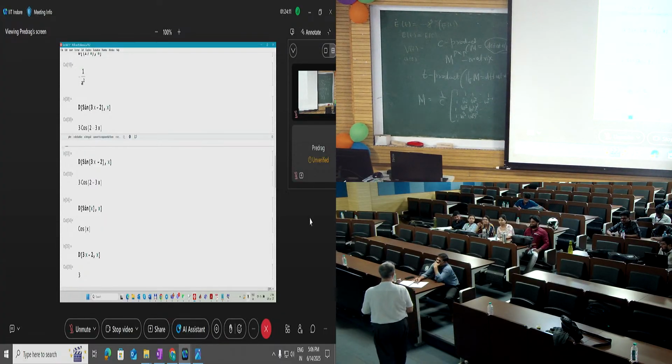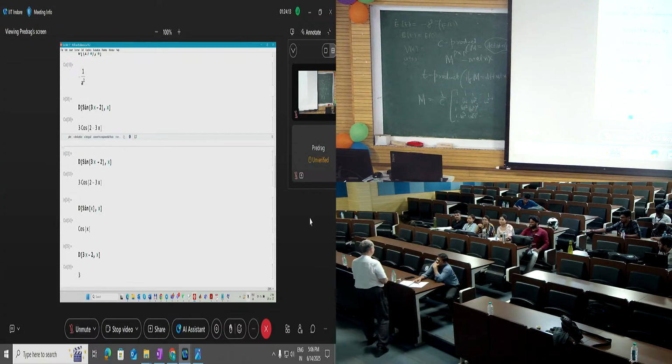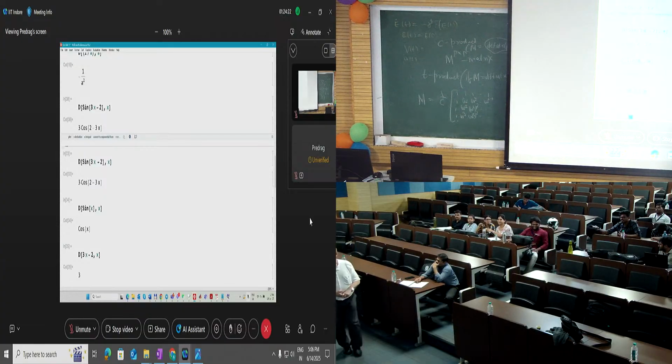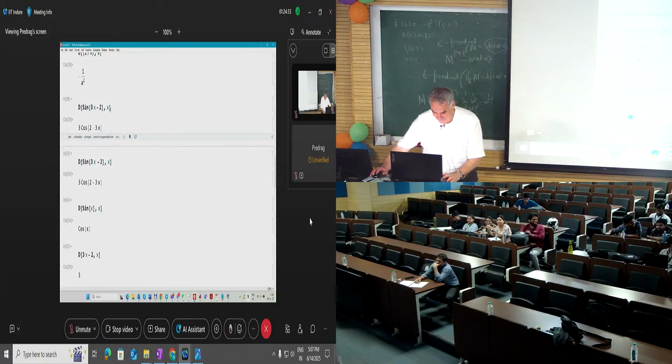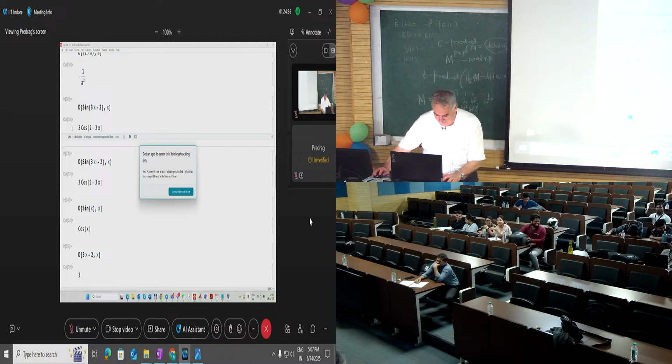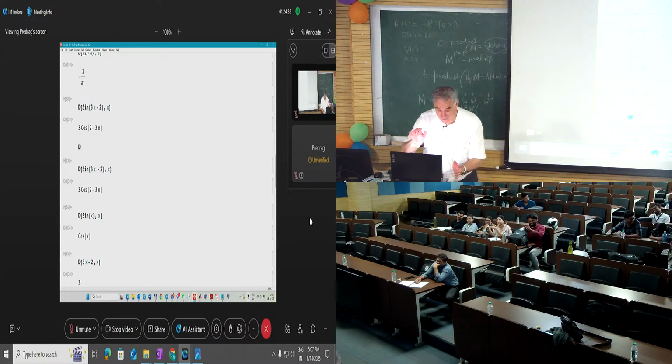But what about the derivative of x to the power n? Can you type here? Derivative of x to the power n with respect to x.